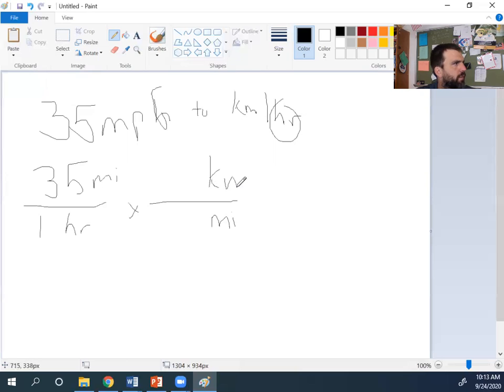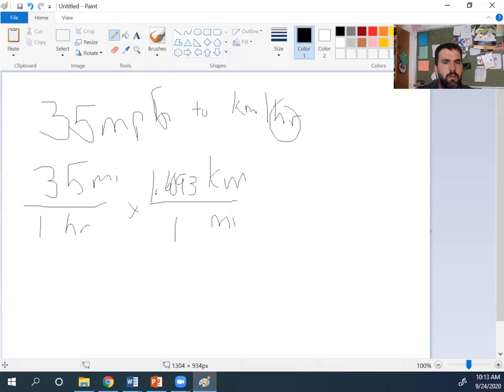Did we look up that conversion factor a while ago between miles and kilometers? So it says that in 1 mile, there is 1.6093.